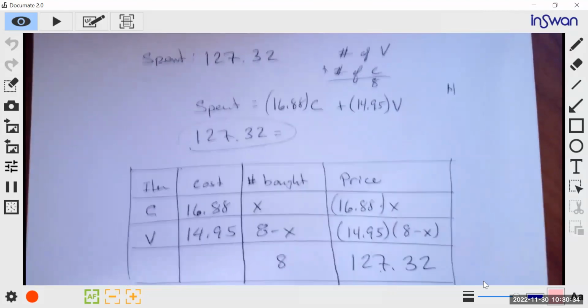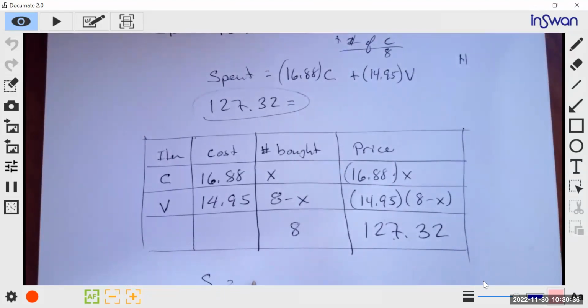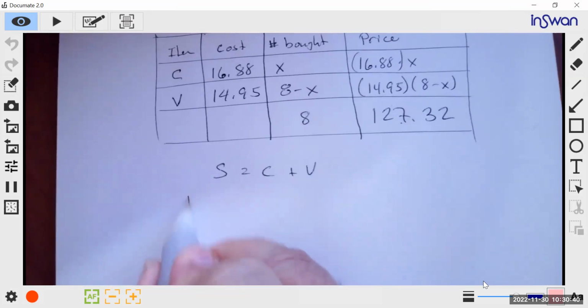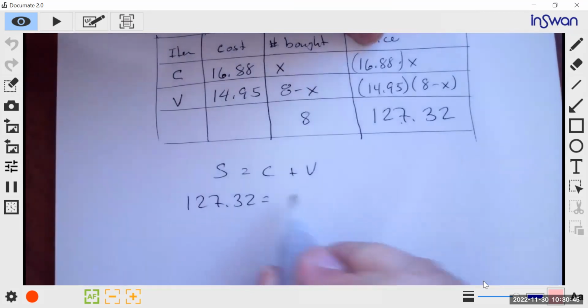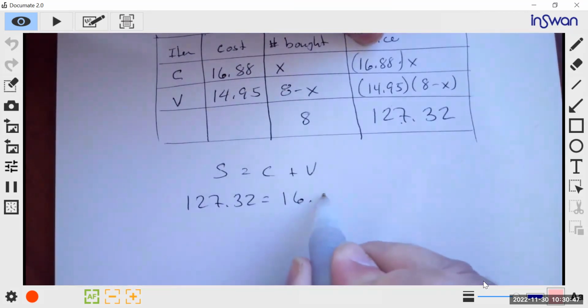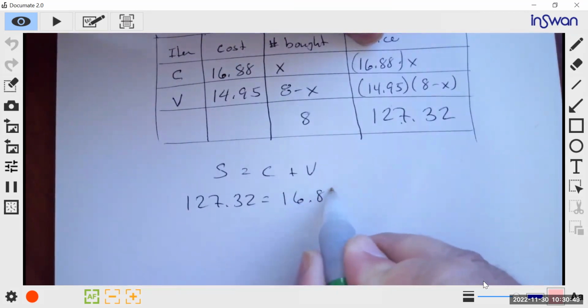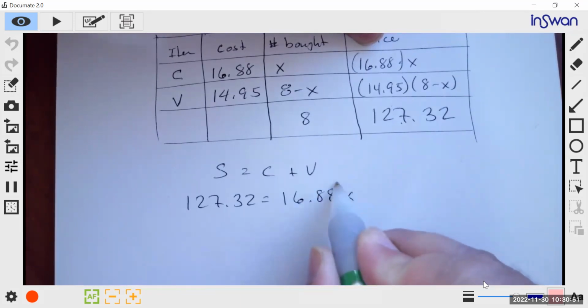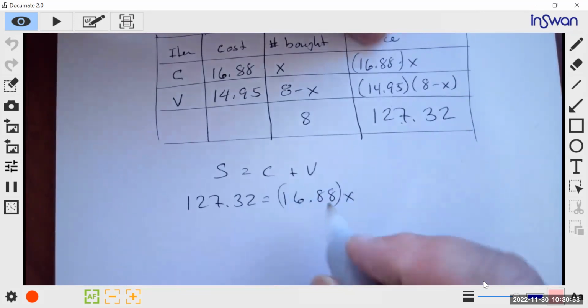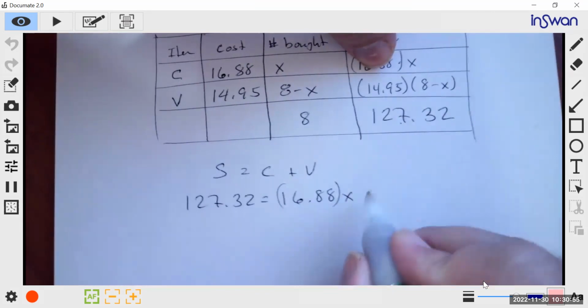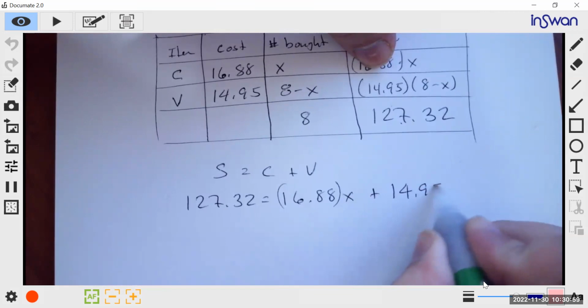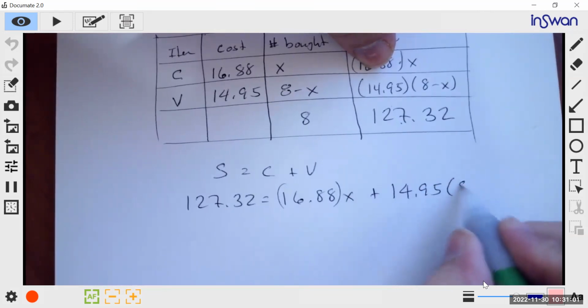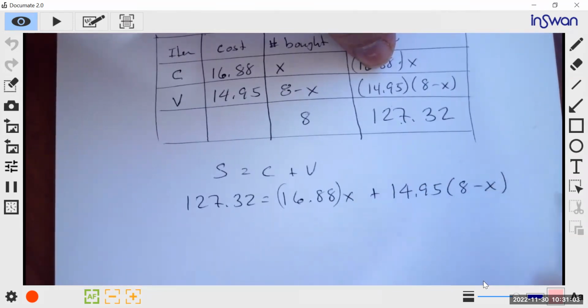So we know that the spent equals the CDs plus videos. So 127.32 equals 16.88x plus 14.95 times 8 minus x.